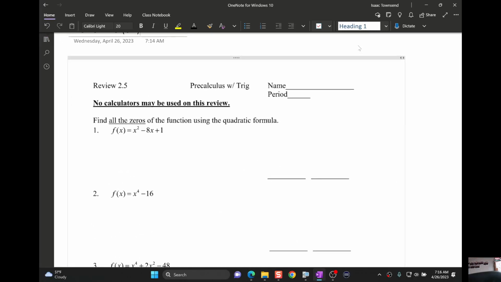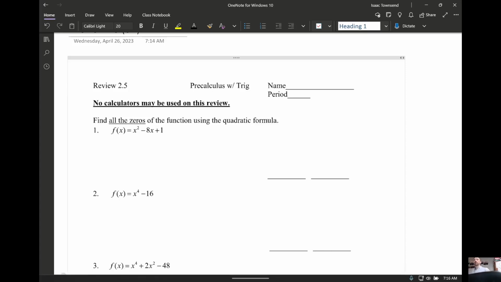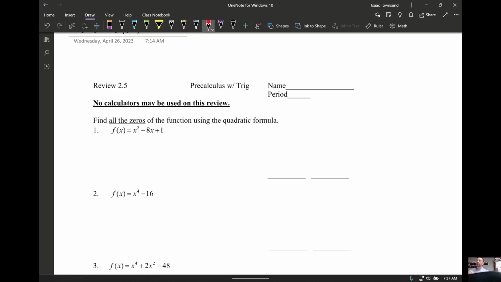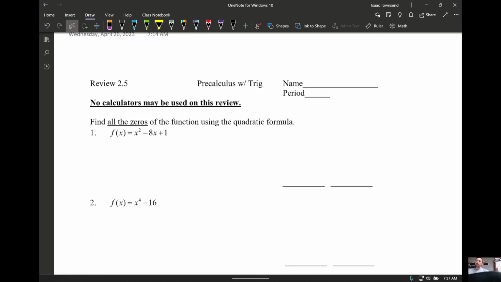Okay, so section 2.5 is reviewing what is called the fundamental theorem of algebra. So it's something that I bet you remember, and by the name of it you can tell that it's important. You may not have been told what that is though. So the fundamental theorem of algebra simply says whatever the degree of your polynomial is, it's the same as the number of solutions that it has.